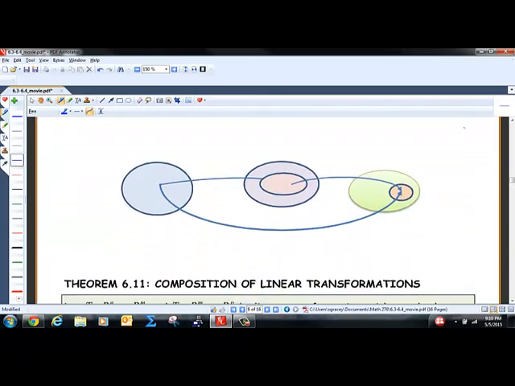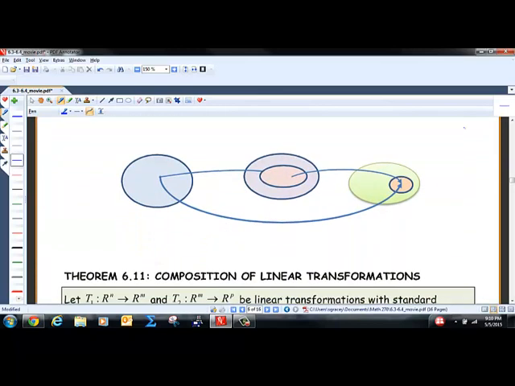So, moving right along, now let's talk a little bit about composition of linear transformations. So just to give you a heads up, this was supposed to connect. So here, let's just figure out what we've got. Let's say that this space is Rn.